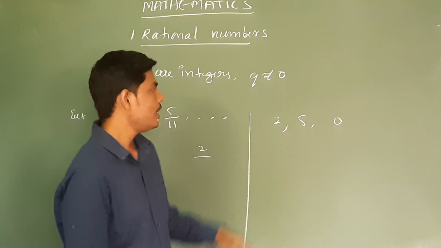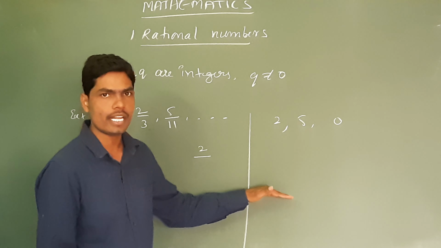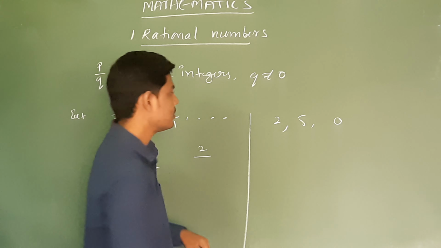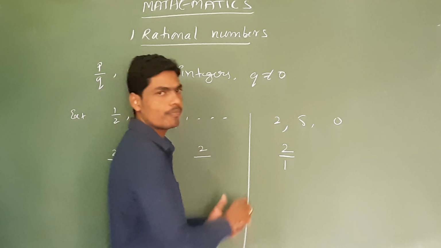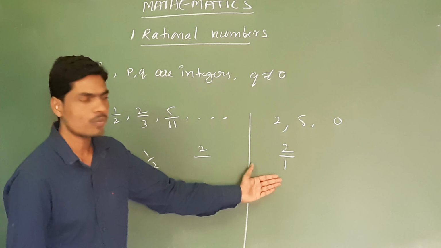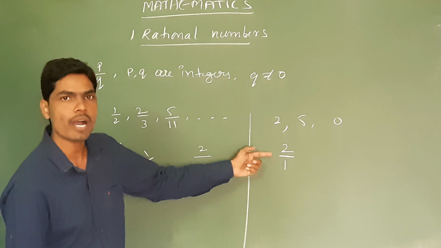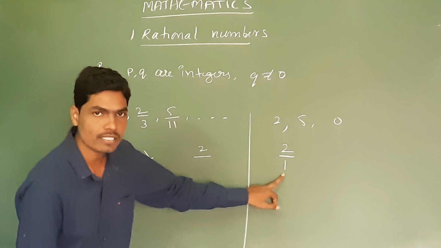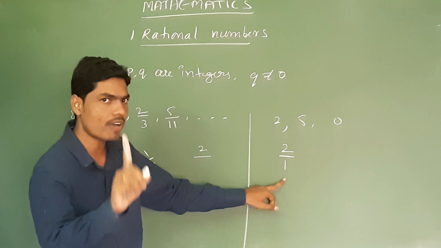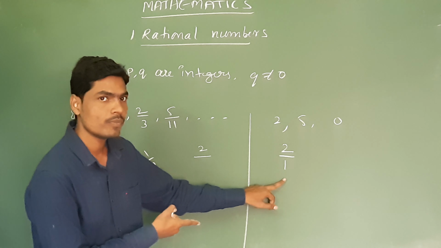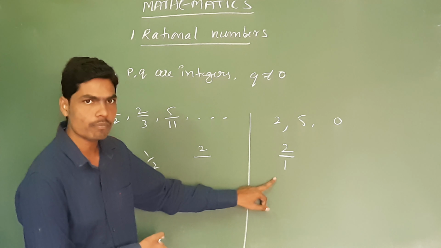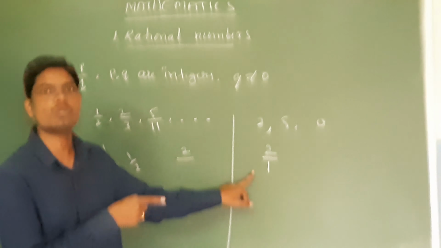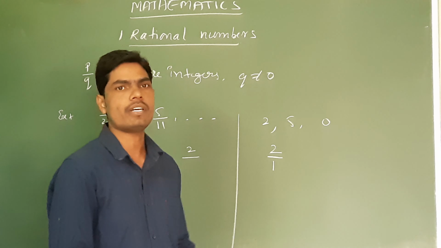Why? Because if nothing is there in the denominator, we can take 1. That is 2 by 1. It is in the form of p by q, and in the place of the denominator, we have integer 1. It is not 0. So 2 is a rational number.